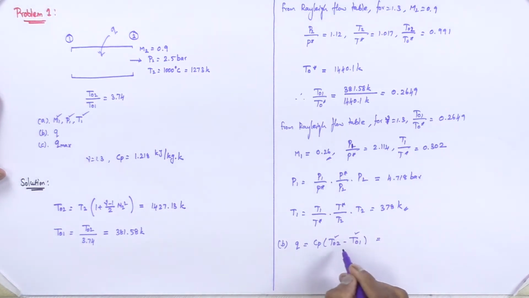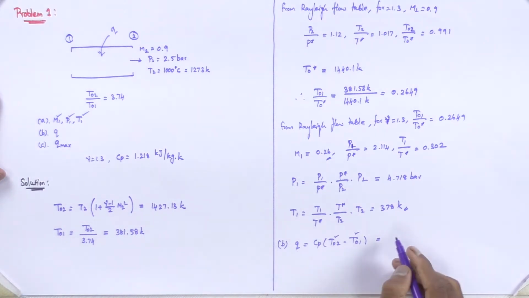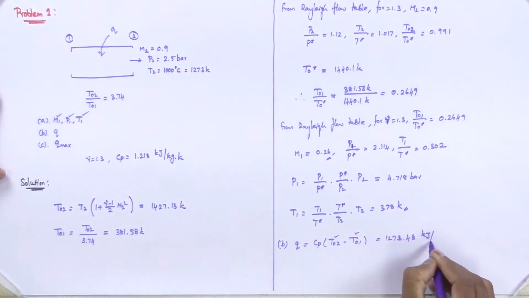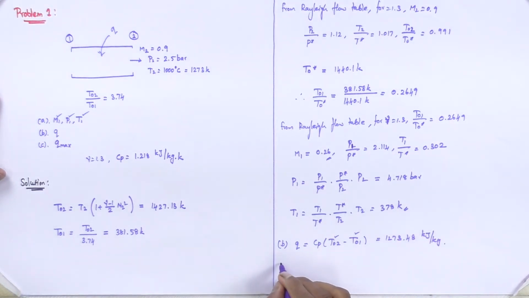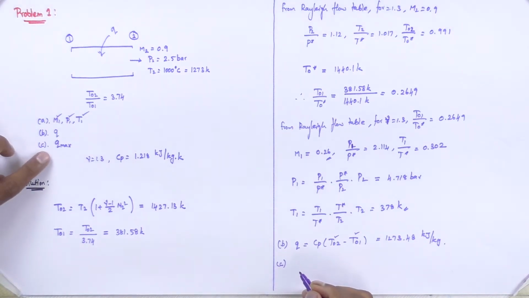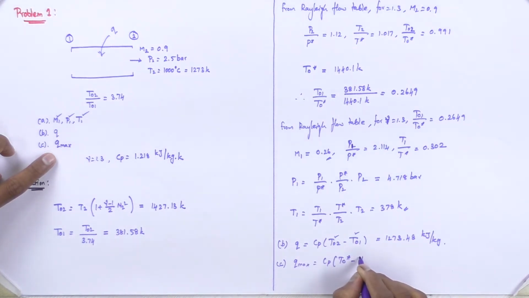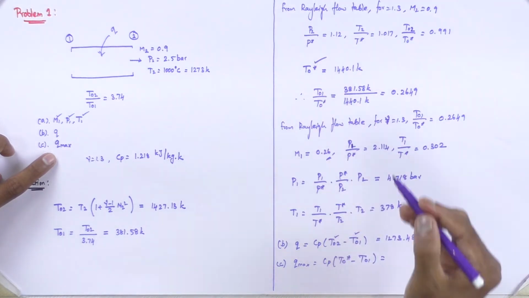After the calculation we get the heat addition per unit mass as 1273.48 kilojoule per kg. In option C they have asked for the maximum heat that can be supplied. This Q max will be equal to Cp into T0 star minus T01. We know the values of T0 star and T01.